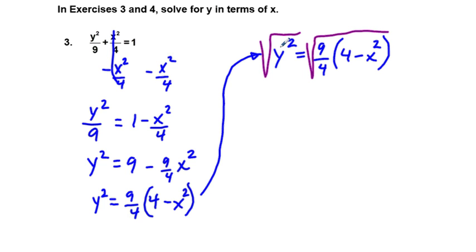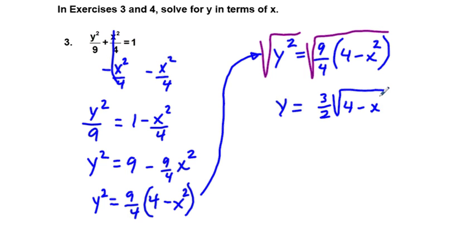And so the square root of y squared is y, and y equals, well, we take the square root of 9 over 4. Well, that's going to be 3 halves. And then this 4 minus x squared, we're going to have the square root of 4 minus x squared.